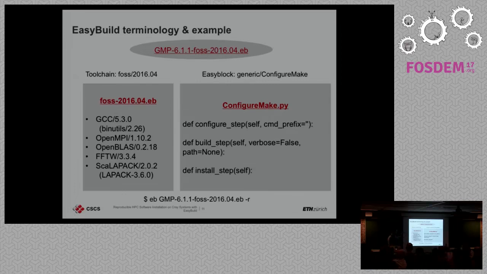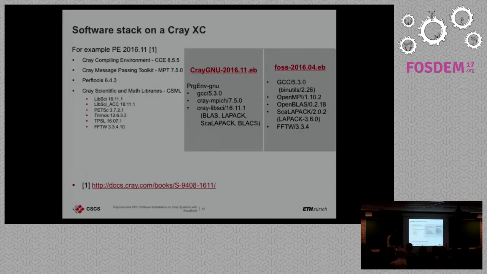And then typically with EasyBuild, you are going to rebuild everything from scratch. You are going to rebuild all the toolchain that you need, because we don't want to use the things that you have already available on the system, because we might not achieve reproducibility. The difference on Cray is that the programming environment is already there.